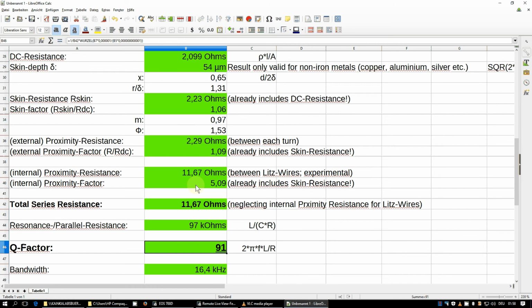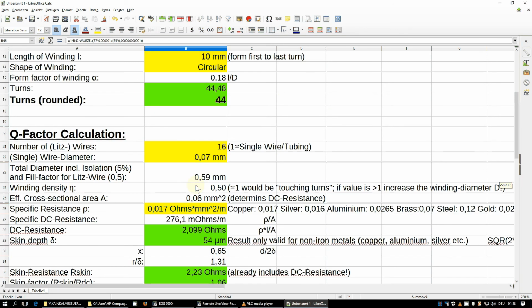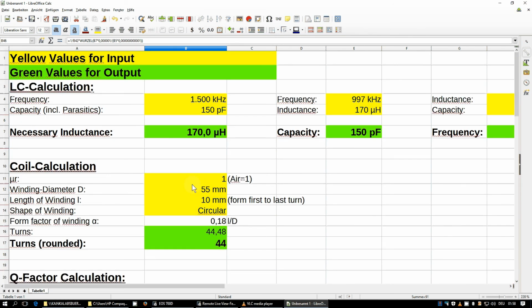Anyway, you can see, due to the special kind of winding, the problem is that at this point it's not fully implemented to calculate spiral wound coils exactly with this spreadsheet.